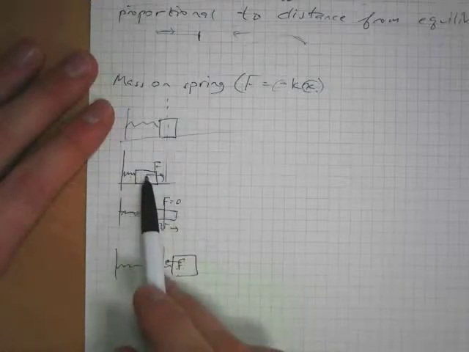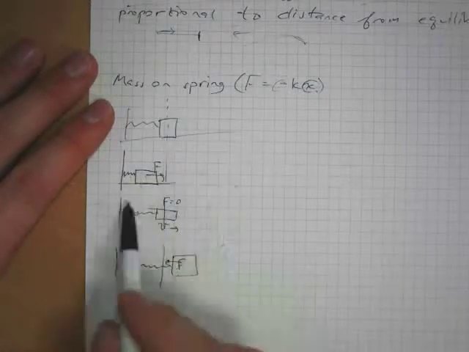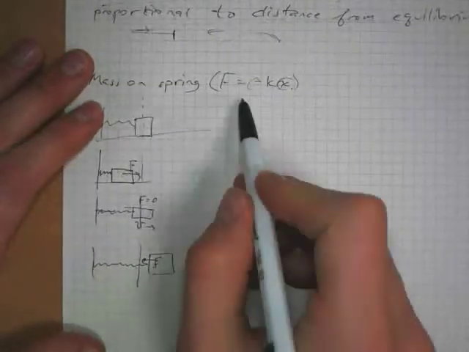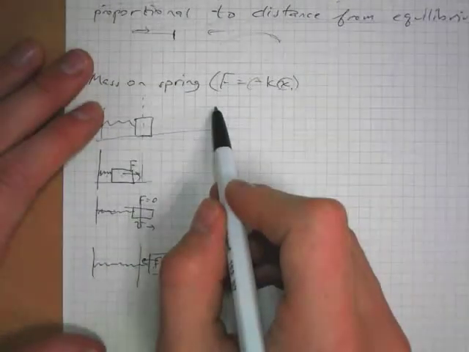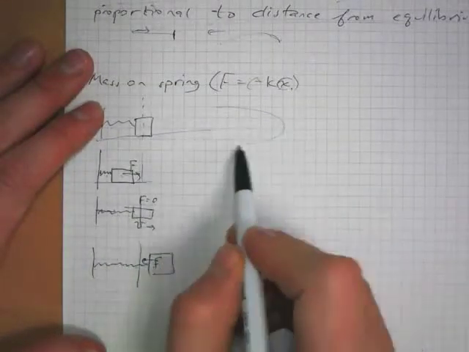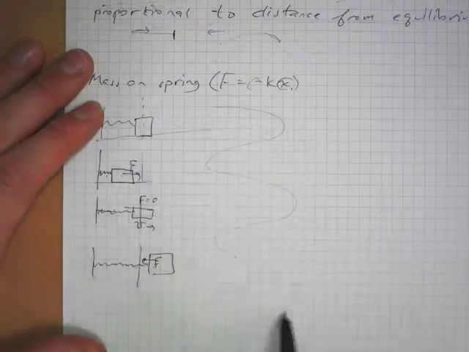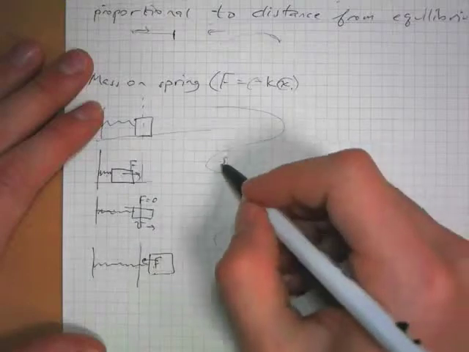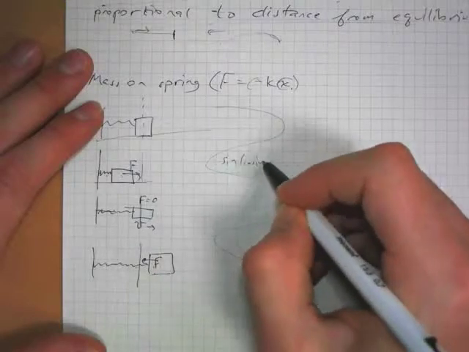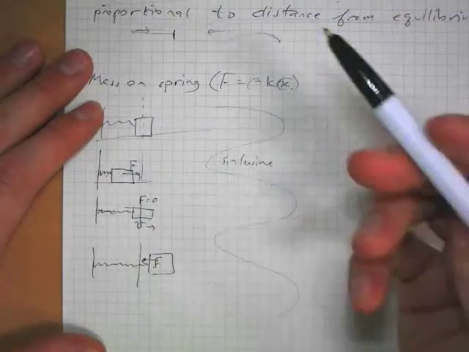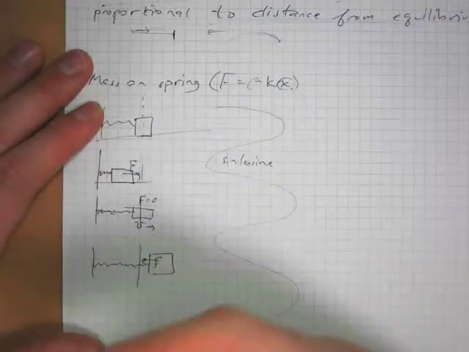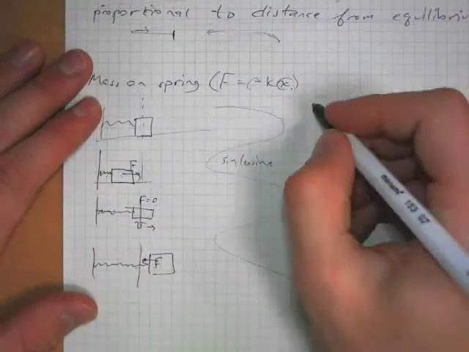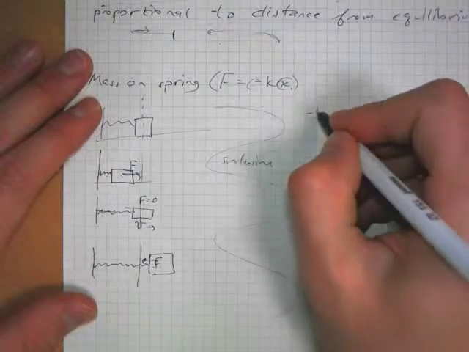And if we were to draw that over time, it goes up this way, and then it comes back down, and then back up and down, and this looks kind of like a sine wave or cosine wave. Doing some calculus indicates that it is, in fact, a sine or cosine wave, because we know the force is minus kx.